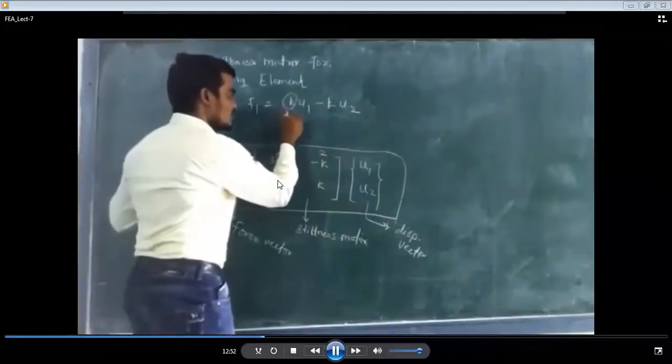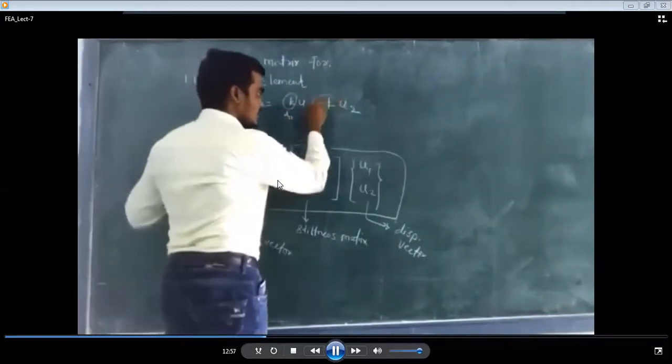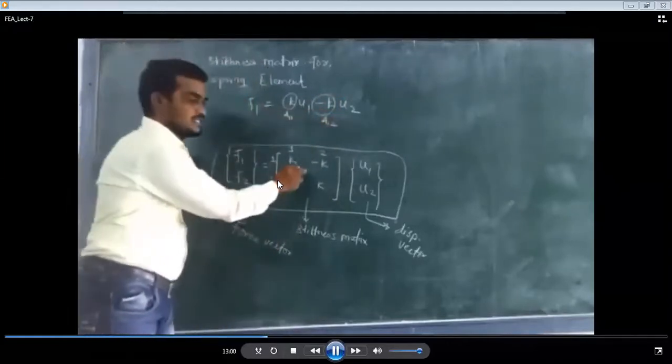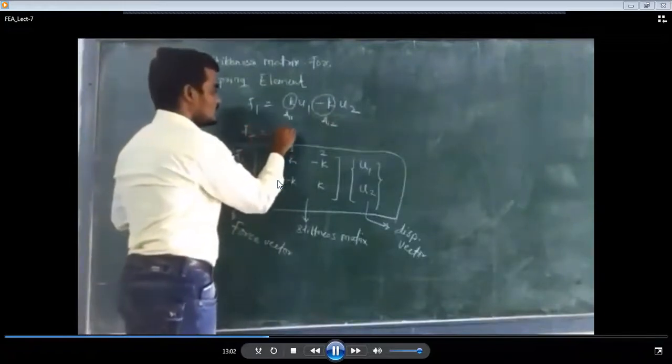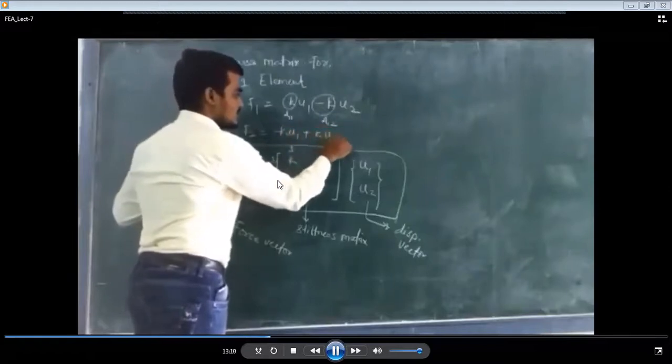So see the position of the terms of this elemental stiffness matrix. The first k is nothing but the first term of your stiffness matrix, means first row first column, A11. Similarly, A12 is the second element of your stiffness matrix.